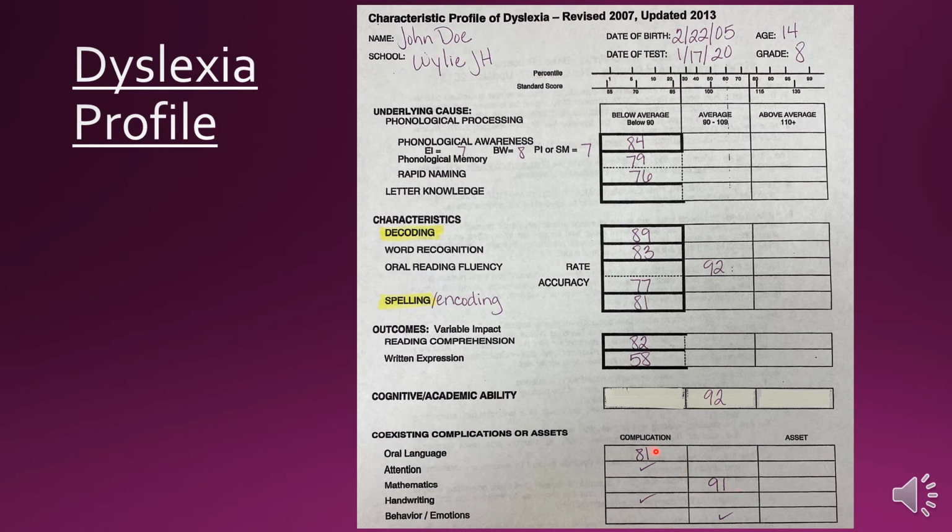His big problem was with his phonological skills. So I mean, he had a beautiful profile right here for dyslexia, just a very classic profile. So he did qualify as a student with dyslexia and will be receiving services. So there you go.